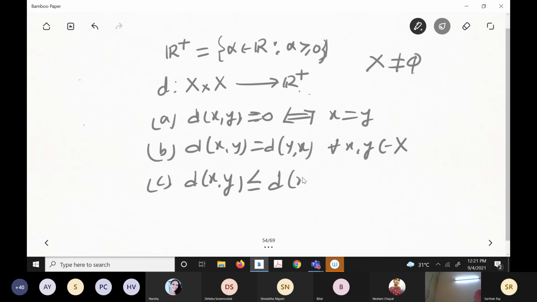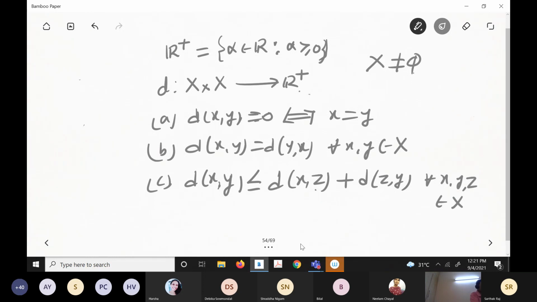Any point z, just you are introducing z, inserting z in between x, z, zy. Z can be anything.